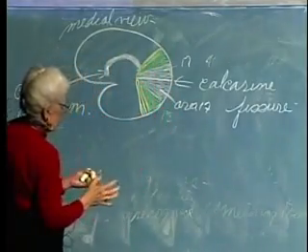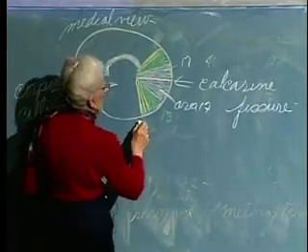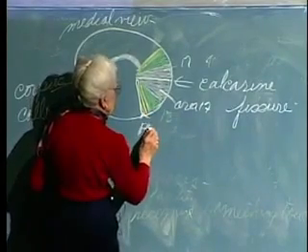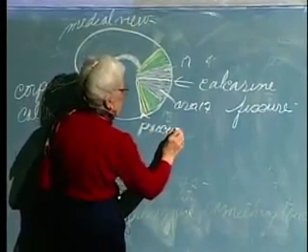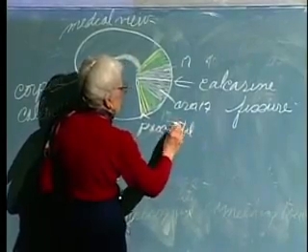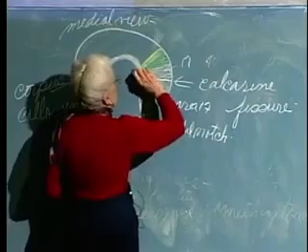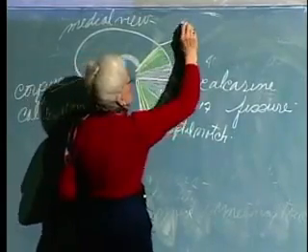So if you look carefully on this, you'll see at this position your preoccipital notch. And your parietal occipital fissure.